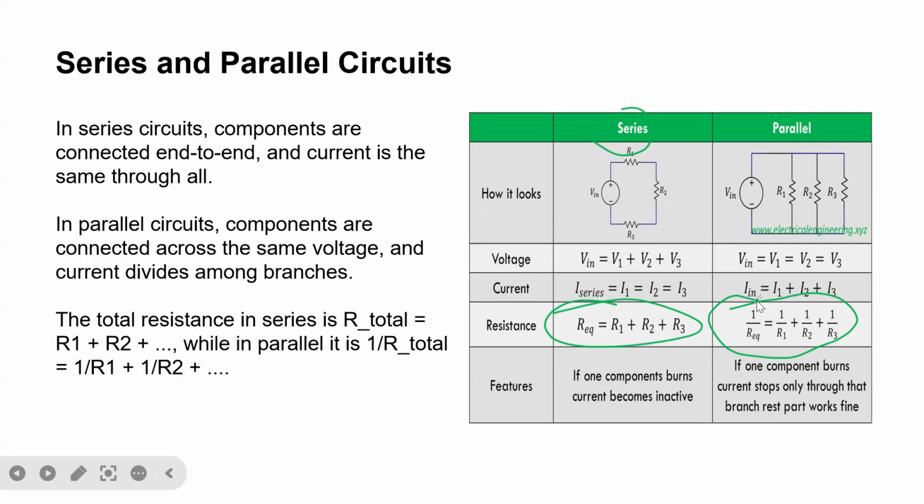In series, if one component burns, the current becomes inactive. In parallel, if one component burns, the current stops only through that branch and the rest works. So this is the resistance in series and in parallel, and we have different formulas that we can use in calculating each.